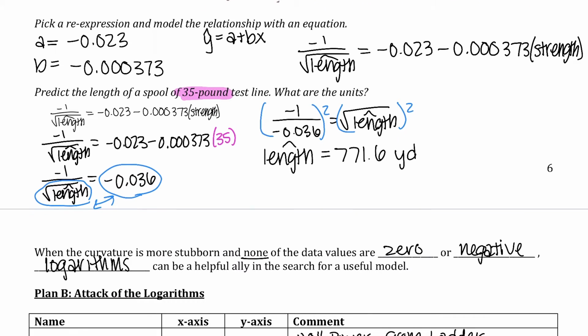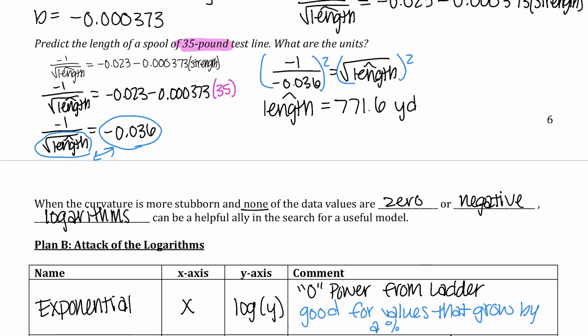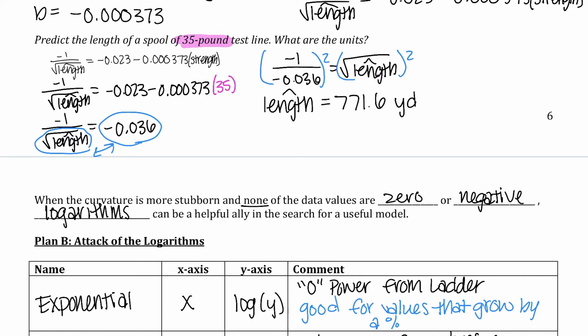Okay. Next, when your curve is really strong and none of the data values are 0 or negative, you can use logs. All right, and this first part, so we got plan B, attack of the logs. This is for when you go through all the steps in the ladder of powers and you're like, none of them really worked. I need something better. So you go to plan B. And plan B starts out with actually the 0 power from the ladder.